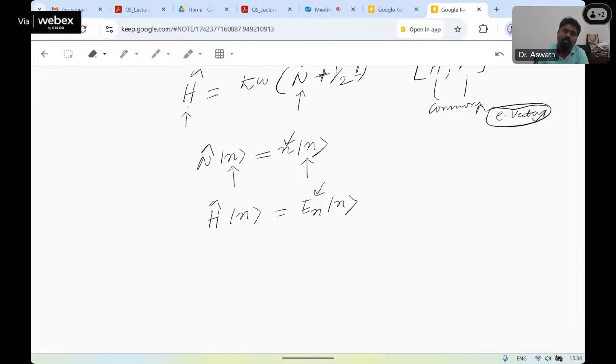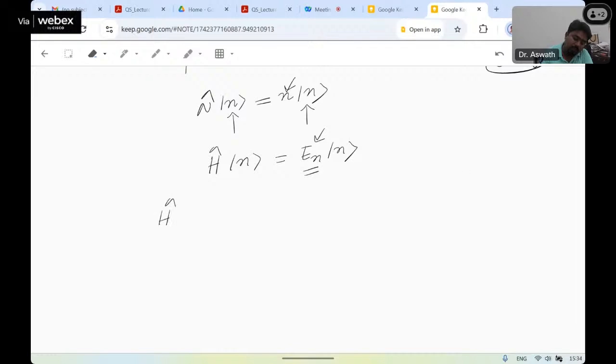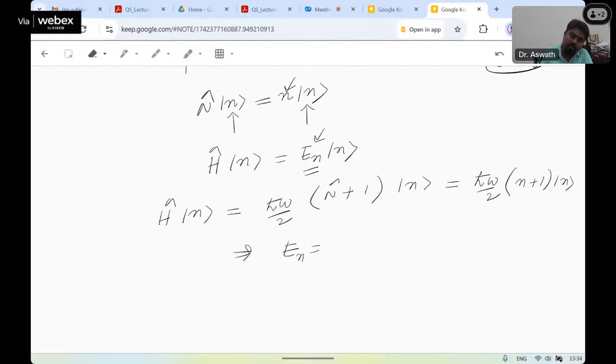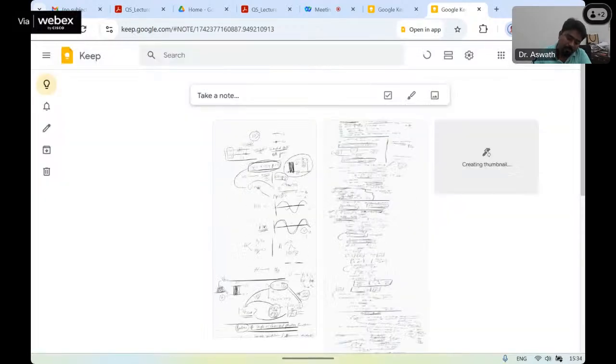Now, having known that, let's try to find what this En is all about. For the time being, let's find out the action of H on the state n, which is equal to ħω (n + 1/2) acting on it. So En is equal to... I'm sorry, I just missed something.